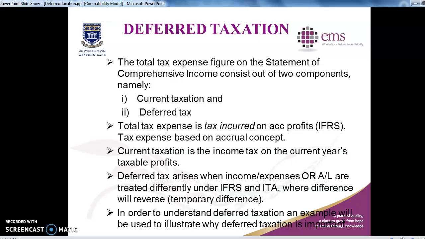If we have our income statement in front of us and we don't know what our deferred tax is, we can just say total tax expense minus our current tax, and the difference between the two will be our deferred tax adjustment. Let's look at a quick example of how we can calculate our deferred tax adjustment using our income statement.